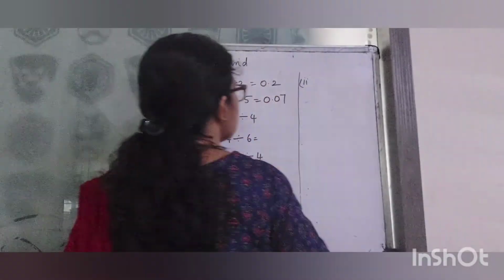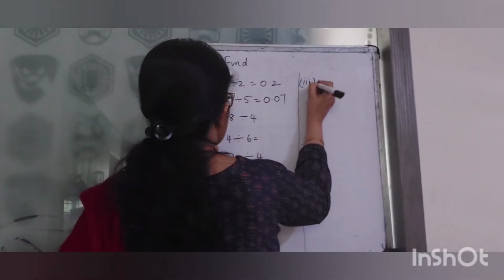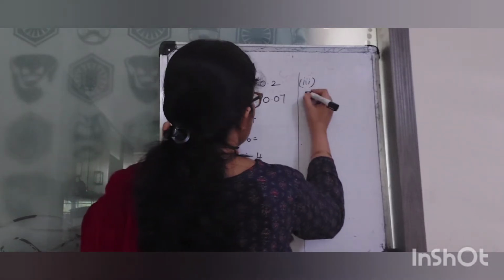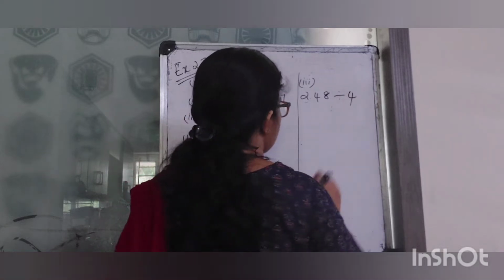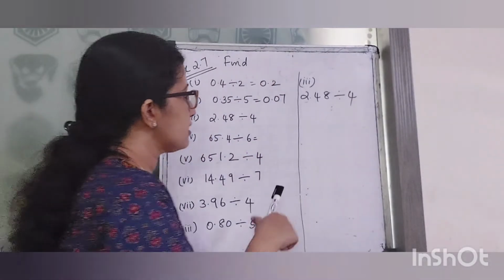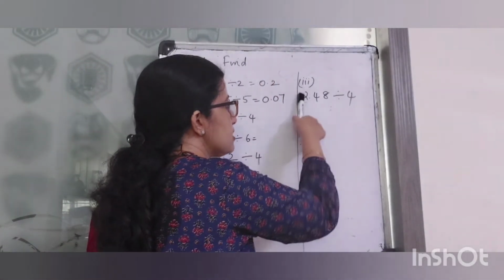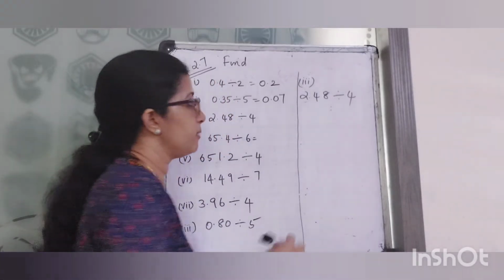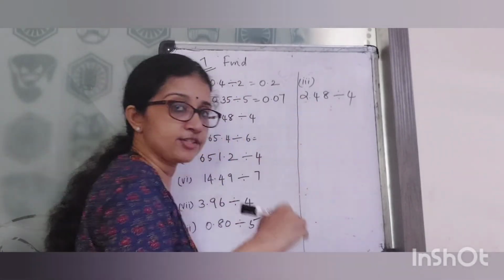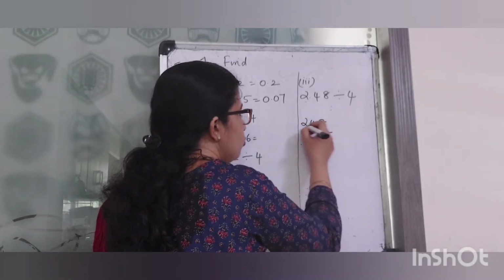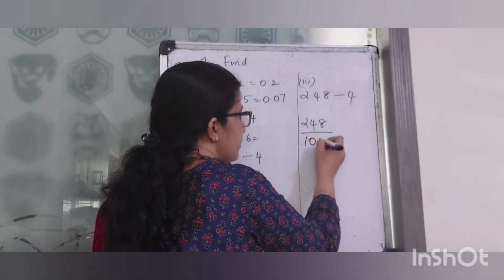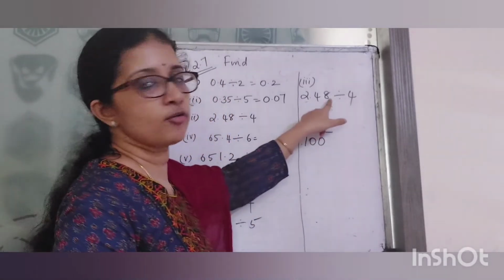The third problem is 2.48 divided by 4. Again, if you are using the first method, how can we convert this decimal number into a fraction? 248 divided by 100 is equivalent to 2.48, right?